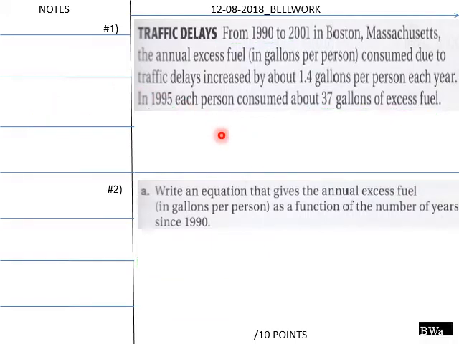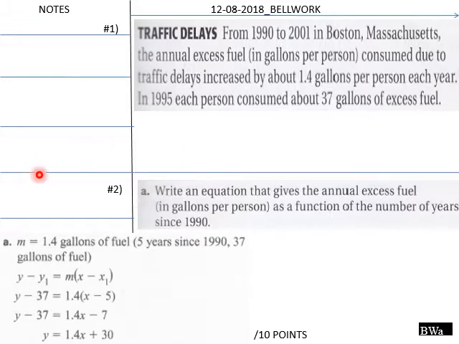Okay, welcome back, students. Let's see what you got here. This is for A here, 1.4 gallons of fuel since 1990. We use our point slope form of the equation to figure out our equation here for excess fuel in gallons per person.